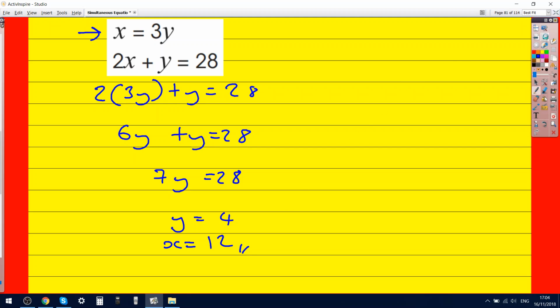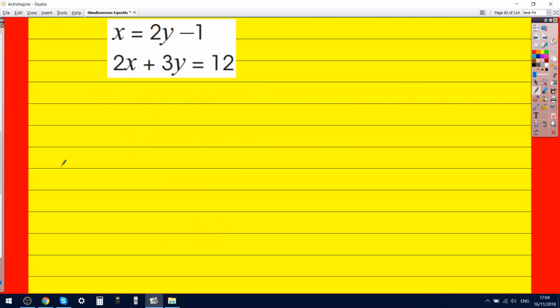Okay, got it. How about this? x equals 2y minus 1.